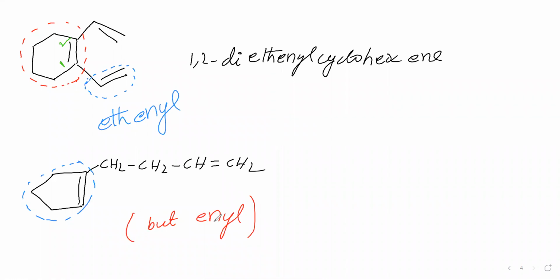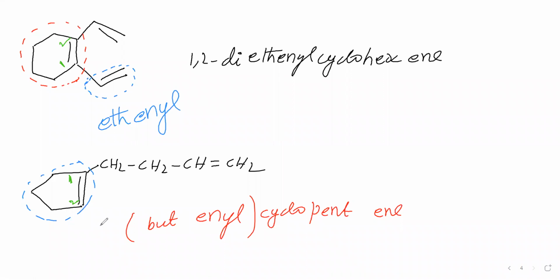Next, we'll say this parent. This is a cyclic compound, therefore we'll say cyclo. Here 5 carbon atoms are present, therefore pent. Here a C=C double bond is present, therefore ene. Now we have to give numbering to the parent. Give number 1 here and number 2 here. The branch gets the least position, and the double bond also gets the least position.